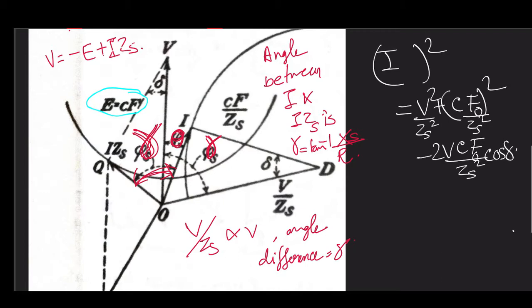So what we can do here is draw triangles with one side V by Zs and another side Cf by Zs, right?